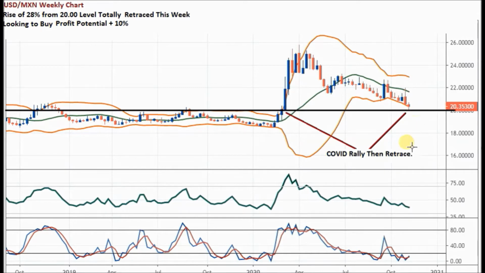Now, what we're looking for is a move up, obviously, with profit potential of plus 10% from the way we view the trading opportunities. In terms of COVID, a lot of people got excited about the vaccine news this week, but we're a long way from getting that deployed in big enough numbers to control COVID.